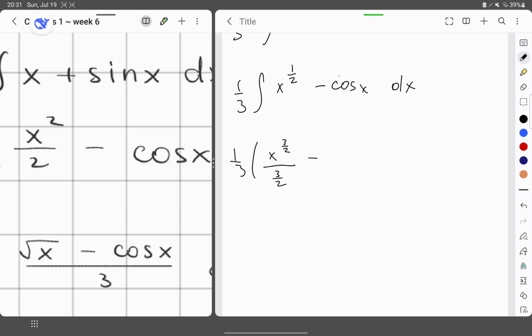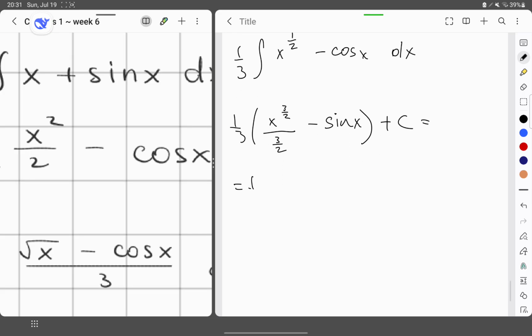Minus cosine will always be sine x, not dx, plus c. 1 over 3 times 3 times x cubed over 2 minus sine x over 3 plus c.